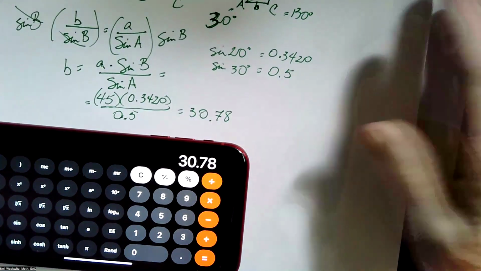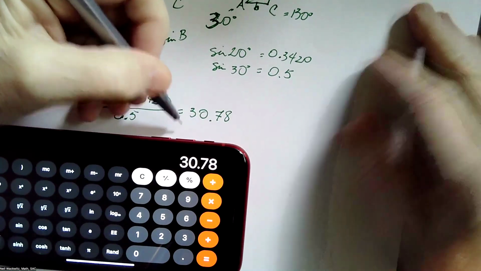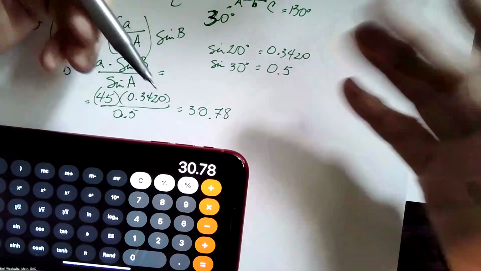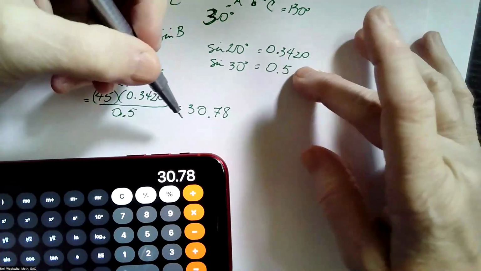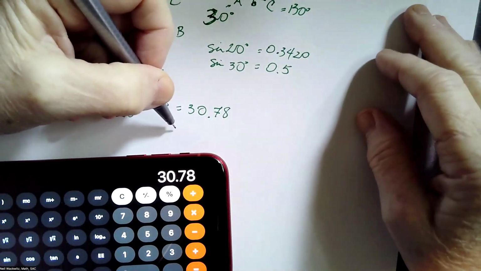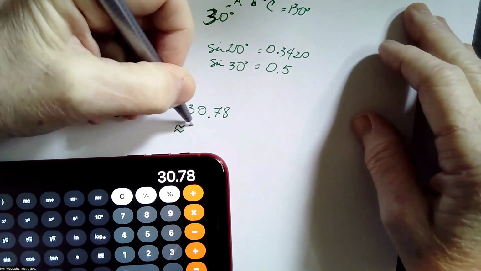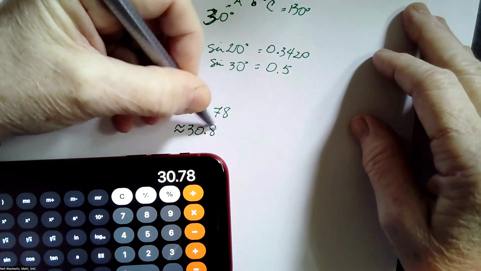I want to round to 1 decimal place. And this is already an approximation because we've got sines of angles that are not exact. So we're going to round to 30.8.